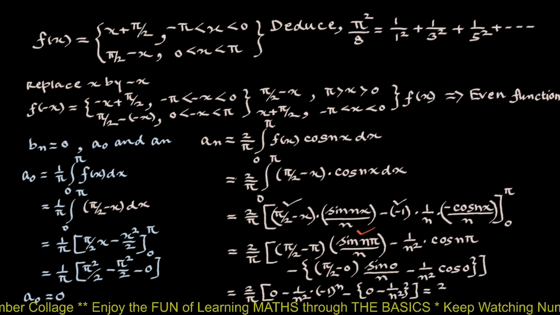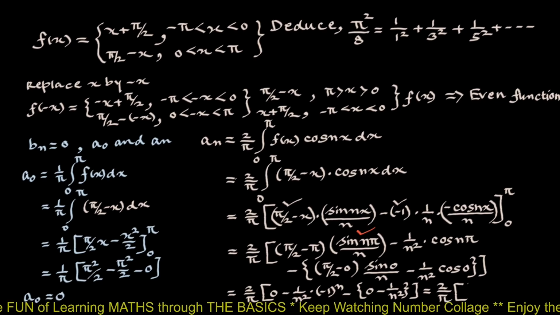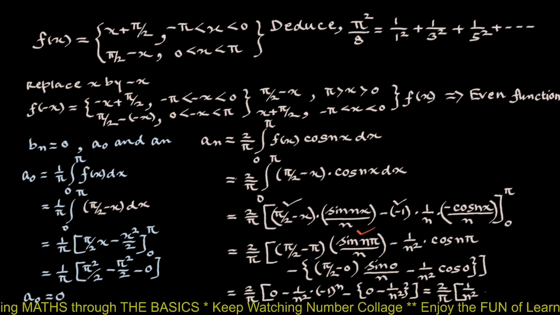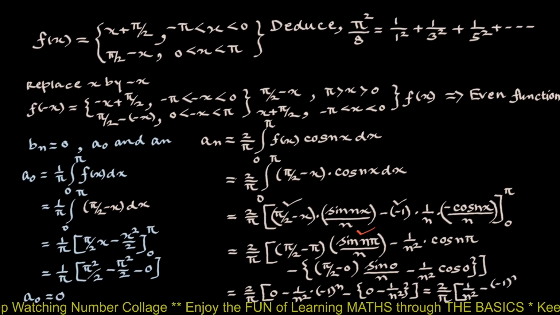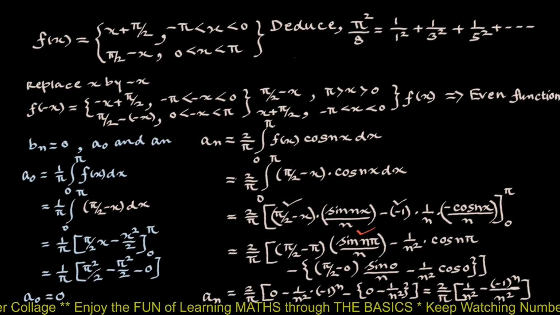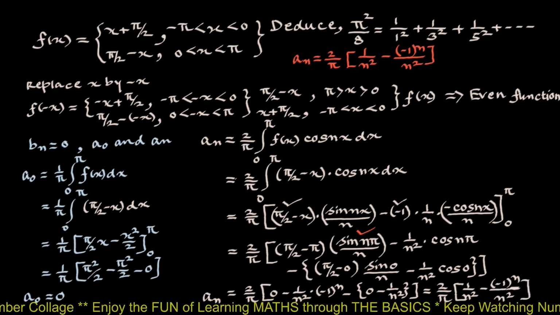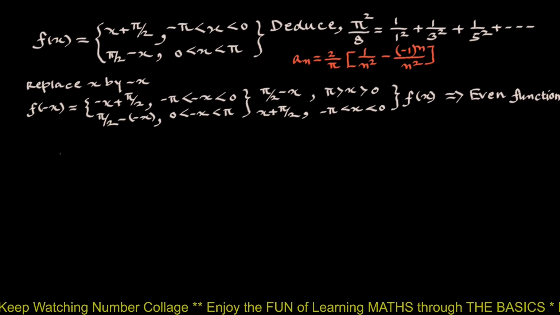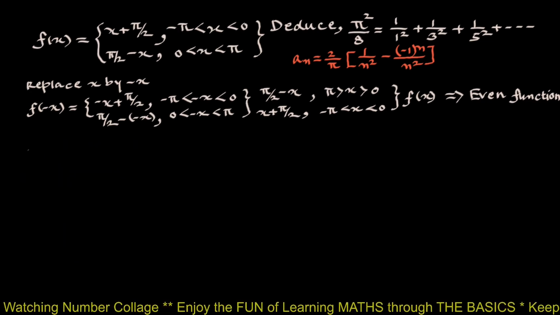This will be 2 upon pi into this, 1 upon n square minus minus 1 to the power n upon n square. We write an here and wipe out the evaluation. Fourier expansion of f of x will contain only an.